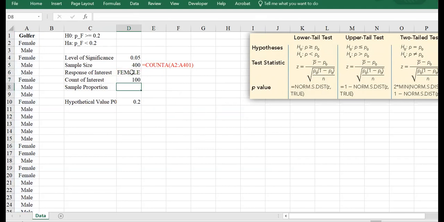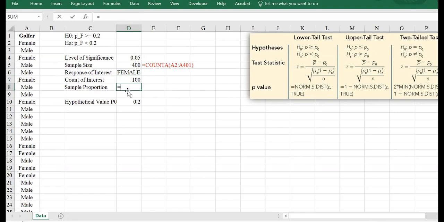Here you just need to make sure that the word female you have here is exactly the same as the word female that appears in the data, with no extra space or difference. Otherwise, you will have a count of 0. That sometimes happens, so make sure these words are exactly the same.